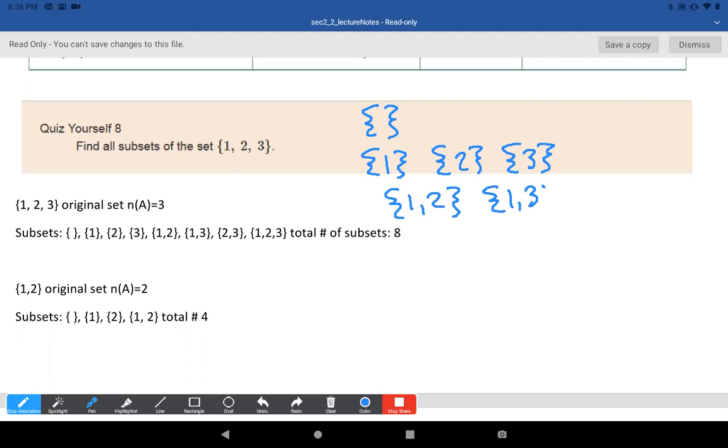Try to be systematic. Now I've exhausted the 1 pairing it with things, but now if I try to pair the 2 with the 1, I've already paired it here, right? If I try to pair the 2 with the 2, then we said repetition doesn't matter, and so we don't even count that 2.